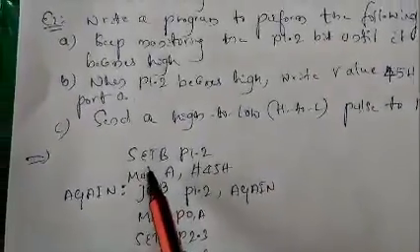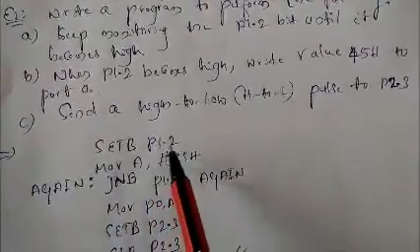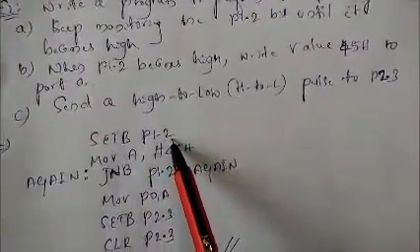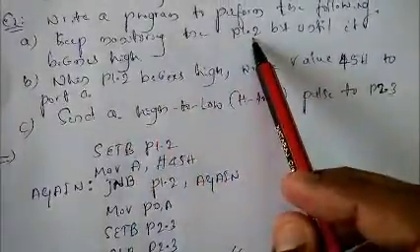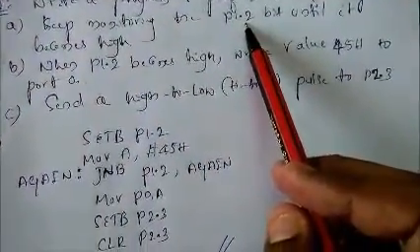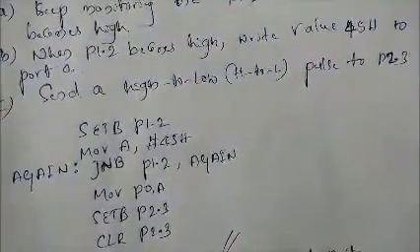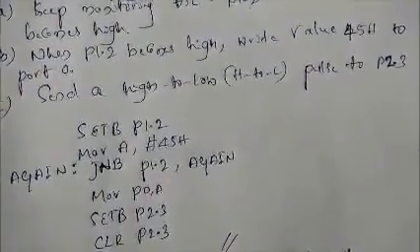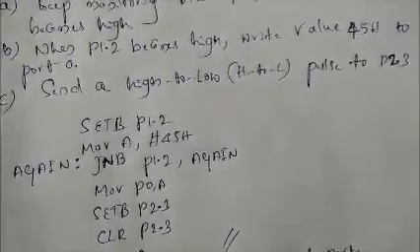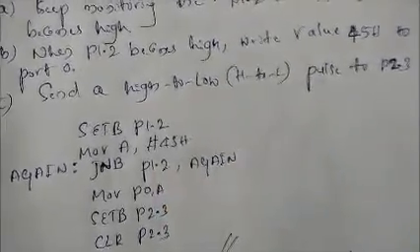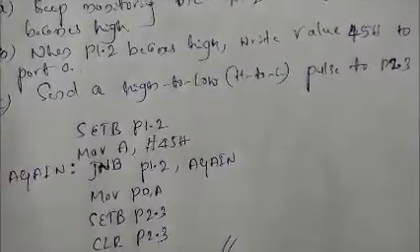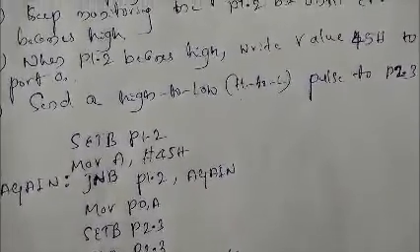Is it clear? So keep monitoring P1.2 means I want to read something from that port, so I am performing the reading operation on P1.2. At that time, first I need to make P1.2 an input port, because I am reading from that port.